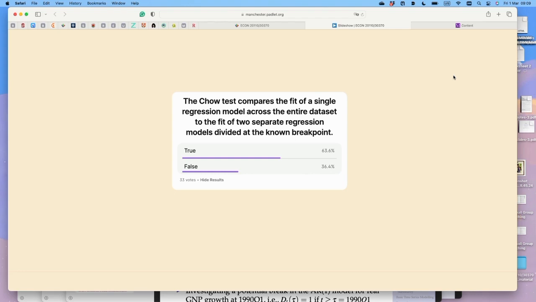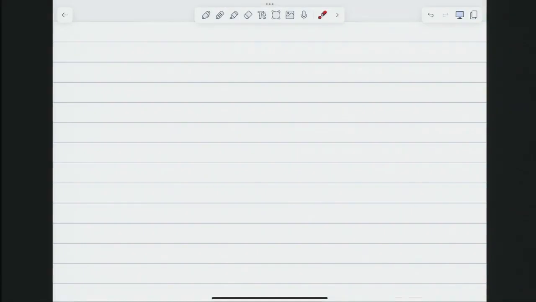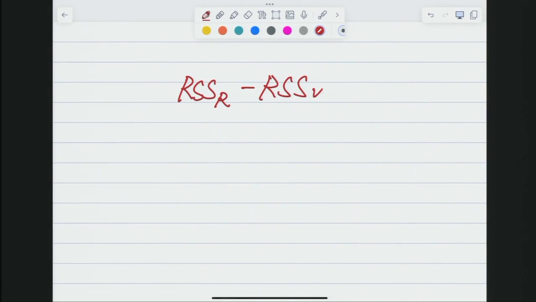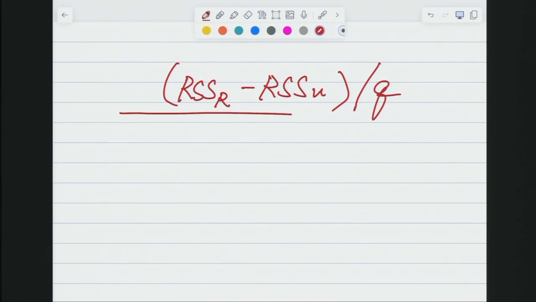Remember, the F statistic involves comparing the RSS under the restricted model with the RSS under the unrestricted model. That's the numerator, divided by the number of restrictions.